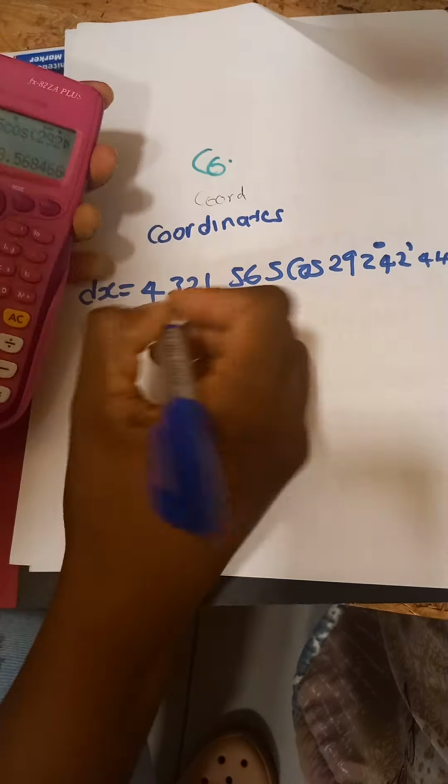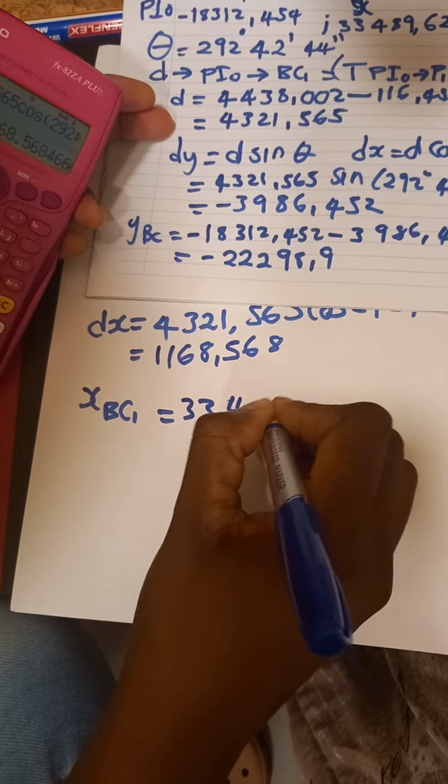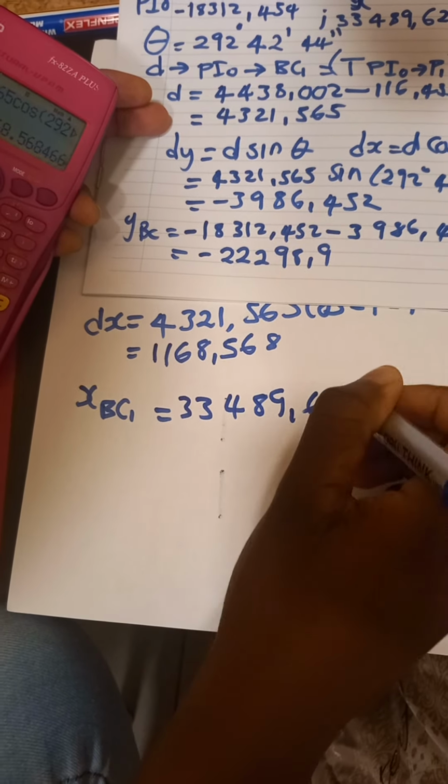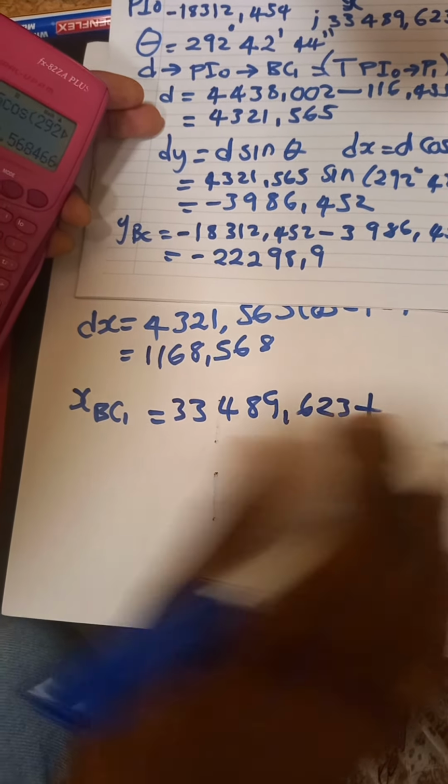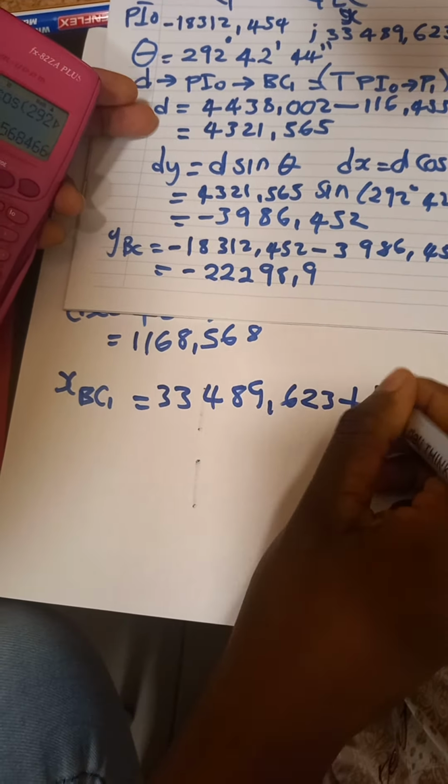The x coordinate at PI 0 is 33489.623, plus the change in x. Our change in x is 1168.568.